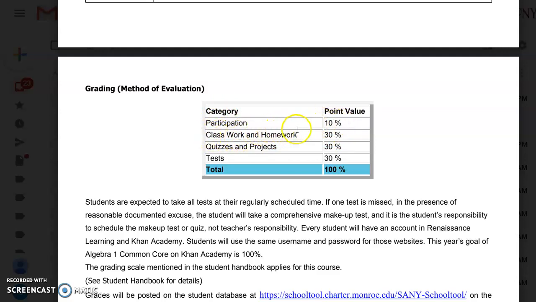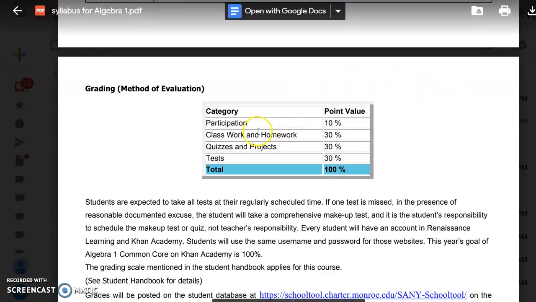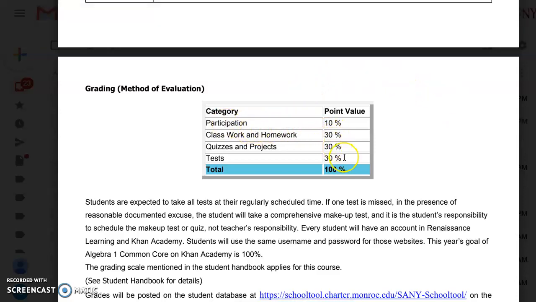Now, all the classwork and homework is 30%. Whether the teacher is giving two classworks or 20 homeworks, or maybe only one homework, right? I know that your teachers are giving homework every week or sometimes every day, but regardless of the number of homeworks and classworks, it's 30% of the grade.